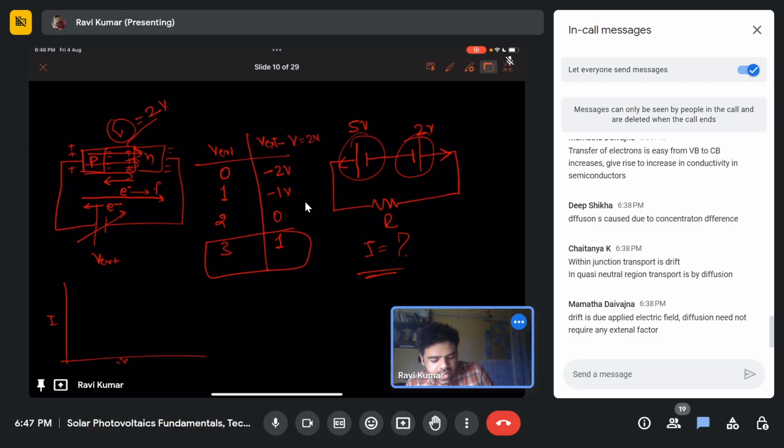This is F1, this is F2. Let's say there are two different forces, F1 and F2. So when this electron will move, if F1 is greater than F2, F1 is equal to F2. What will happen if F1 equals F2? F I am taking as a force.